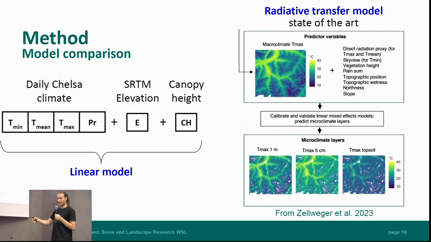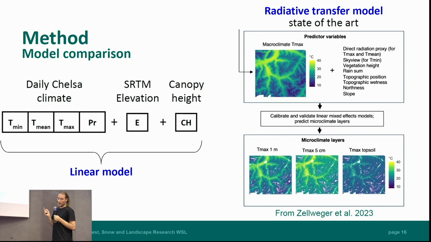But then they use a linear model to correlate that to the output of their mechanistic model and other factors like the macroclimate as well. And we also wanted to compare our model with a similar approach, but without the deep species model inputs. So the idea is to reuse the same variables, daily Chelsea climate, elevation, and canopy height, and not use the encoded variables from the deep species model.